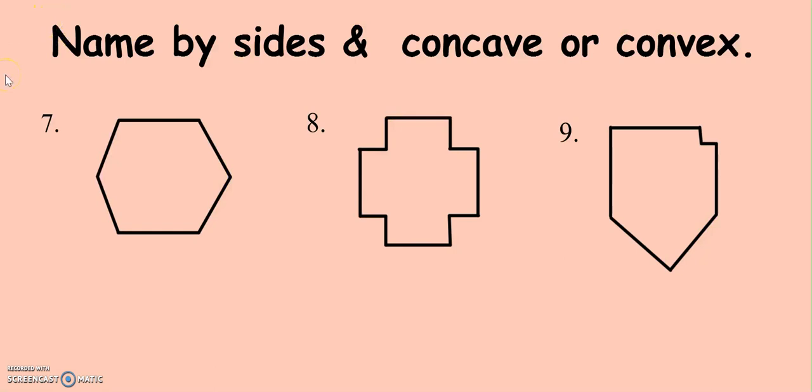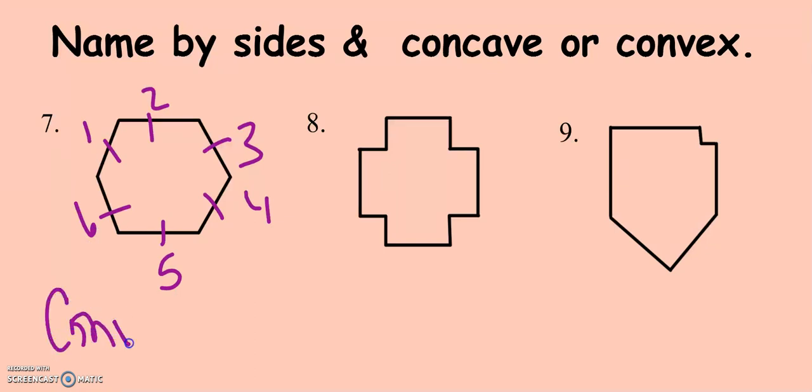So if we were looking at these 3 examples that you have in your notes, by sides, it has 1, 2, 3, 4, 5, 6 sides, and these don't necessarily have to be equal. They're all pointing out, so this would be a convex hexagon.